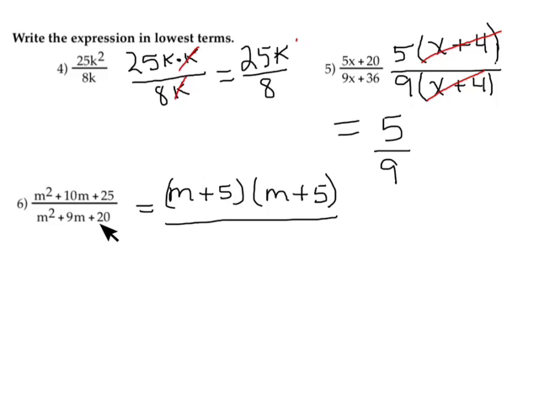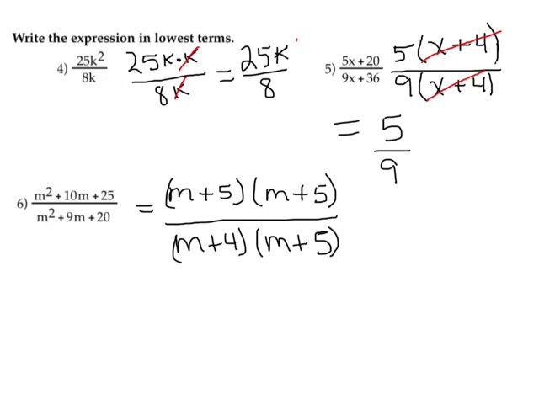I want the factors of 20 such that when added give me 9. I know that 4 times 5 is 20, and 4 plus 5 is 9, so that should work. m plus 4 times m plus 5.